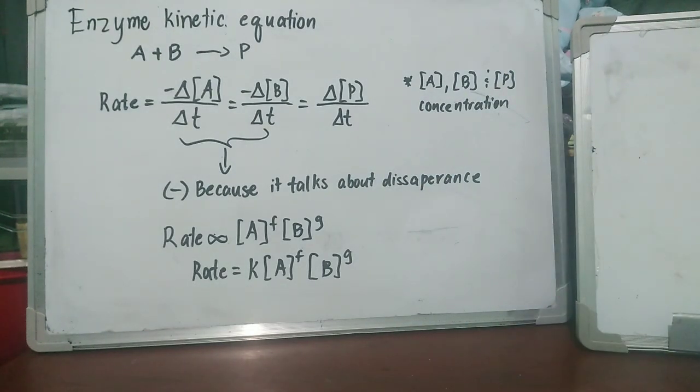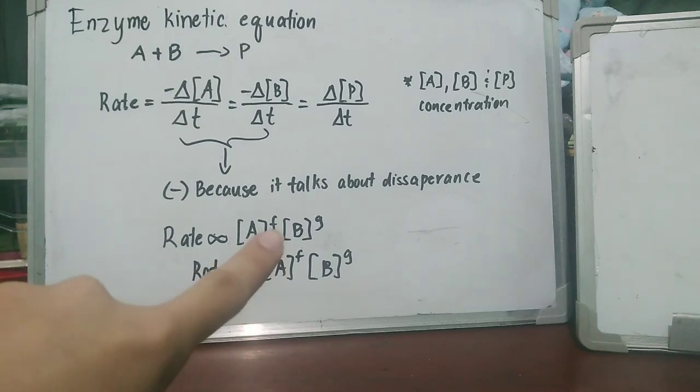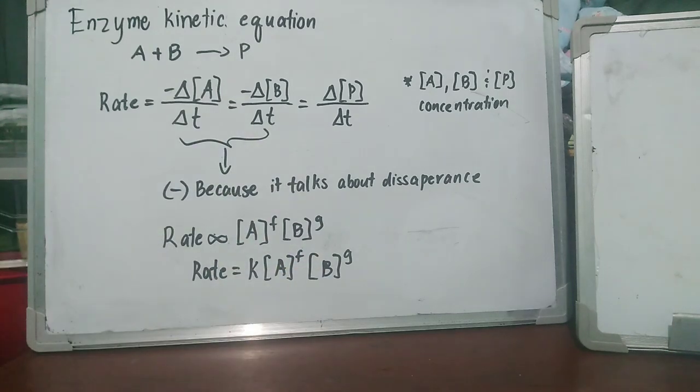So, we can rewrite this as the rate is equal to K, concentration A raised to the power of F, concentration B raised to the power of G, wherein K is the constant or the coefficient of our equation. So, ganun yun siya. So, I hope that is very clear.